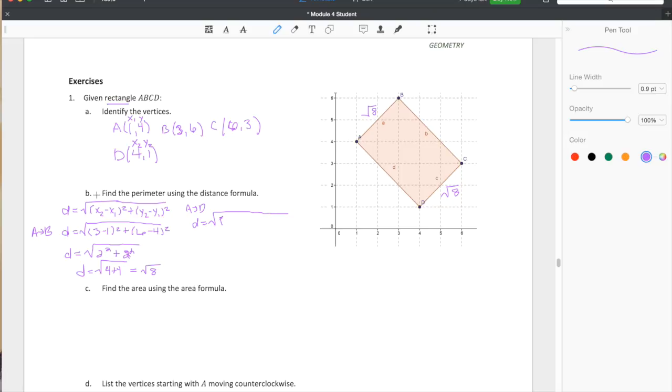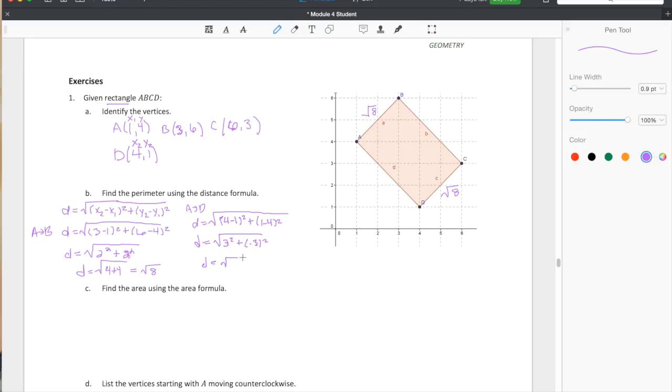So in our first parentheses, we have x2 minus x1. So that's 4 minus 1 squared plus 1 minus 4 squared. So 4 minus 1 is 3, so that's 3 squared, plus 1 minus 4 is negative 3, so negative 3 squared.